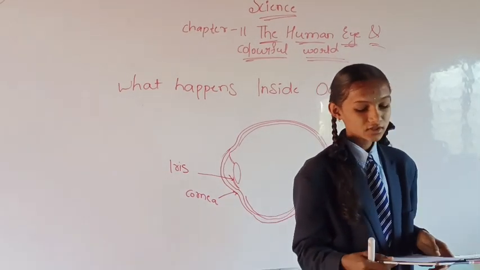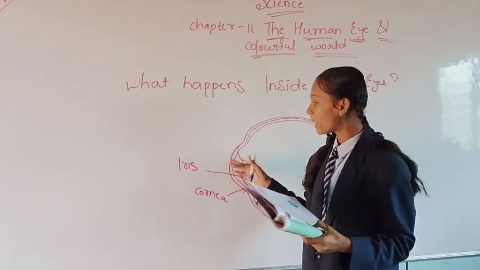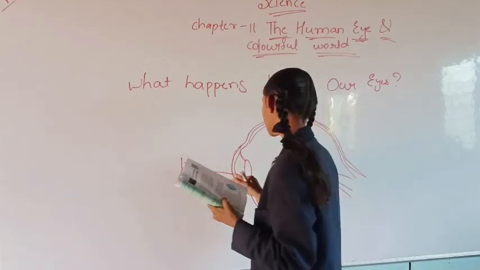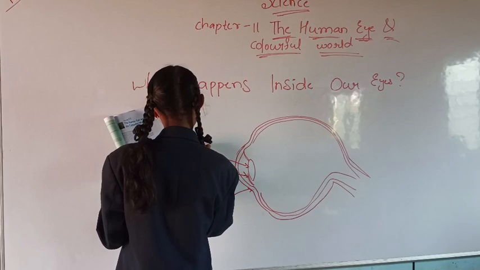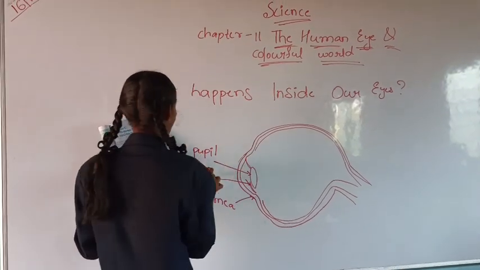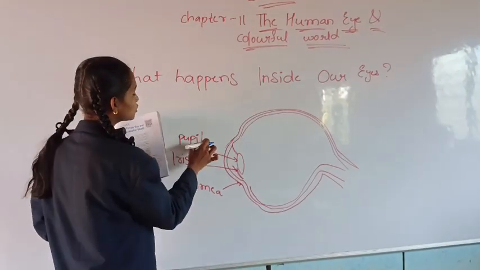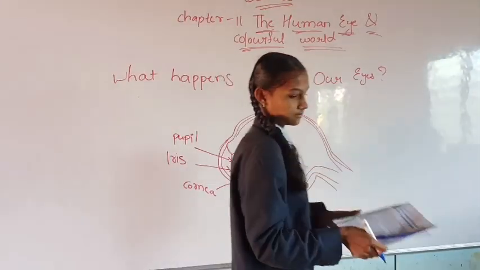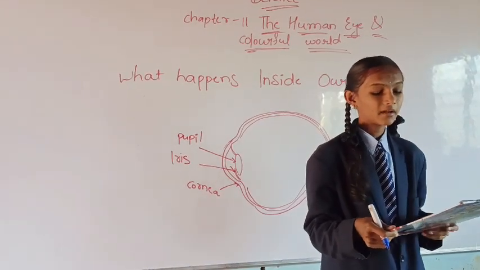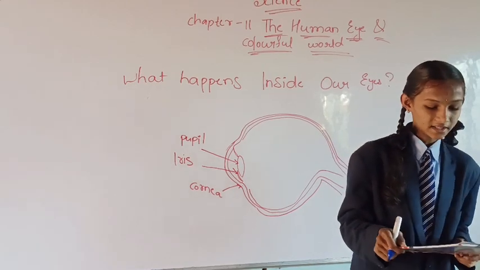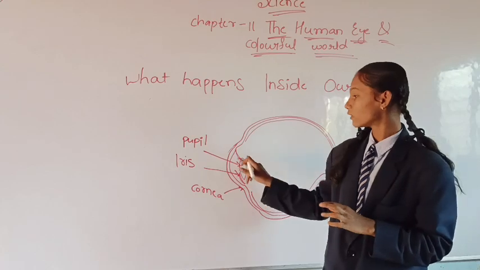The iris passes the light to the back of our eye through the opening that is known as the pupil, which appears like a black hole at the center of the iris.